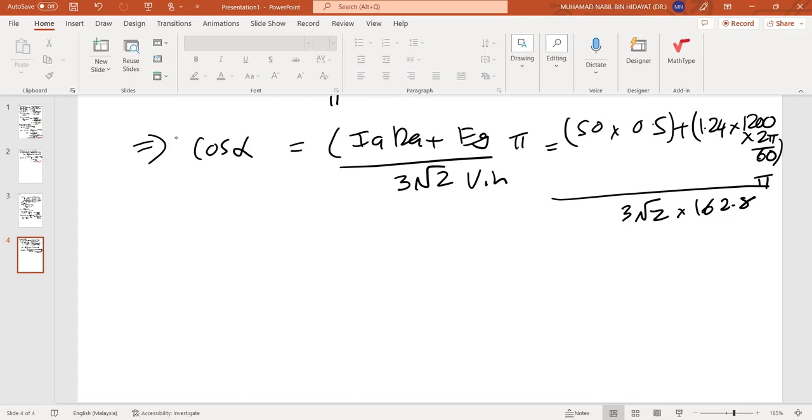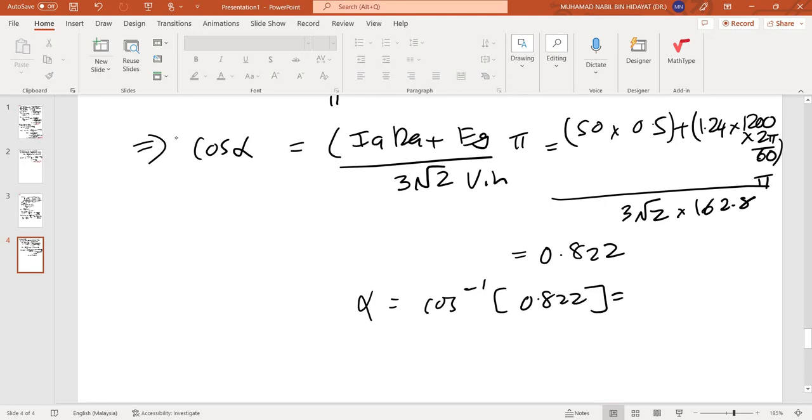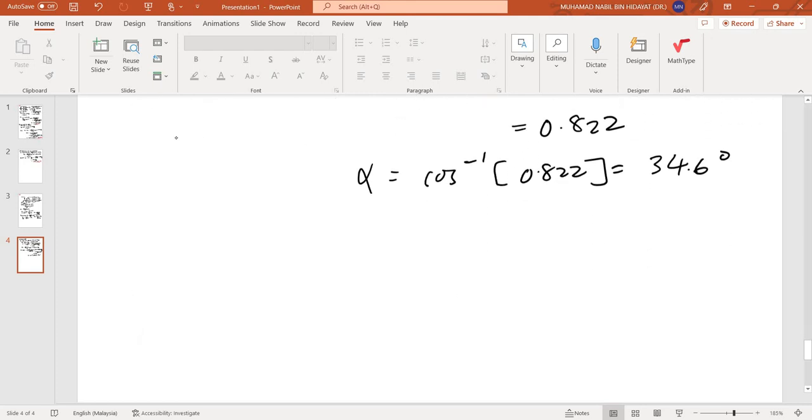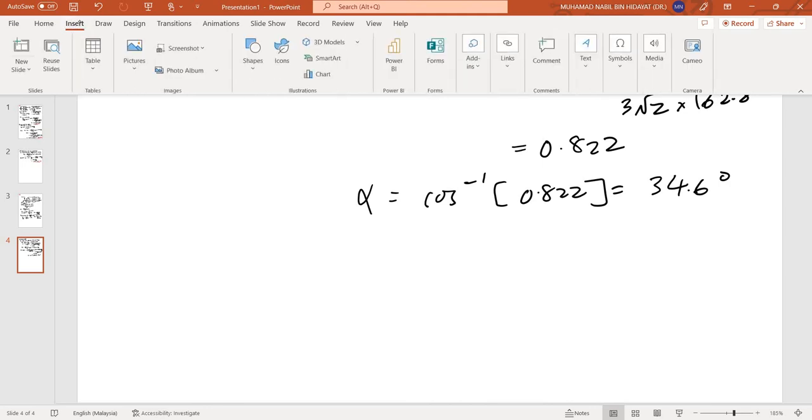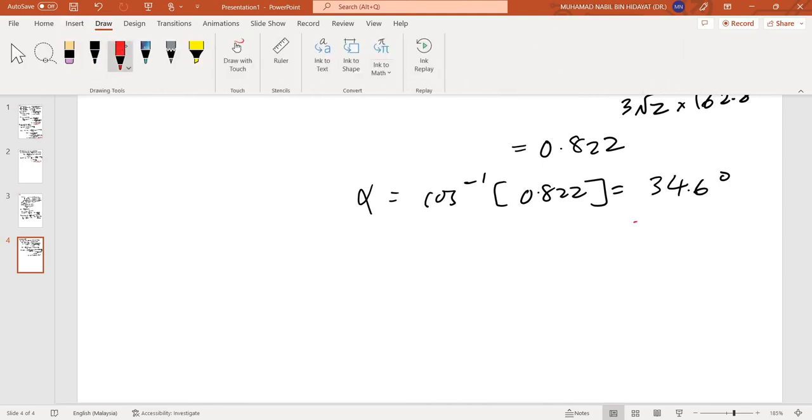If you solve this, around 0.822, so alpha is inverse cos 0.822, so 34.6. So this will be A.